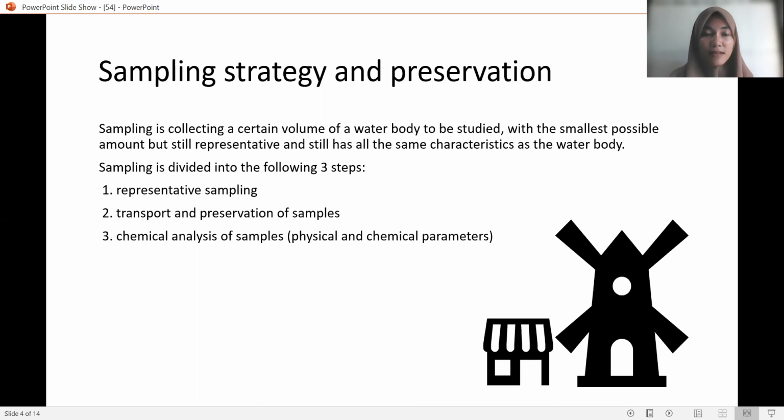Sampling is divided into the following three steps. One, representative sampling. Two, transport and preservation of the sample. And three, chemical analysis of the sample for physical and chemical parameters.